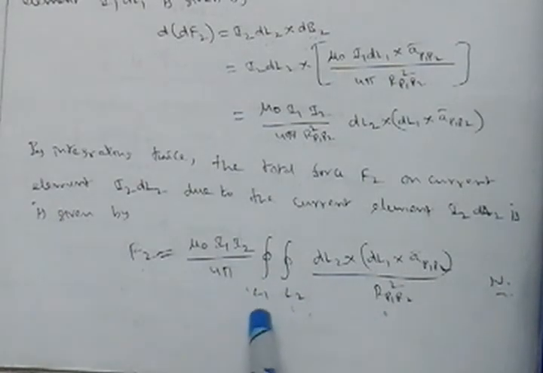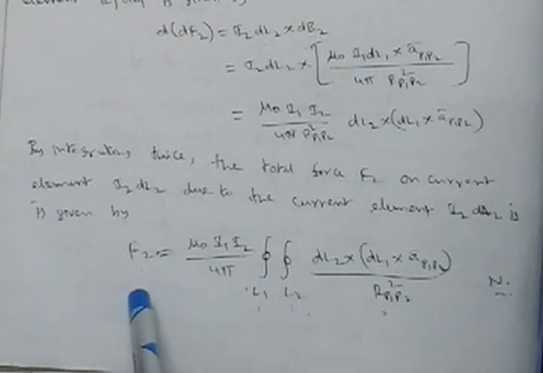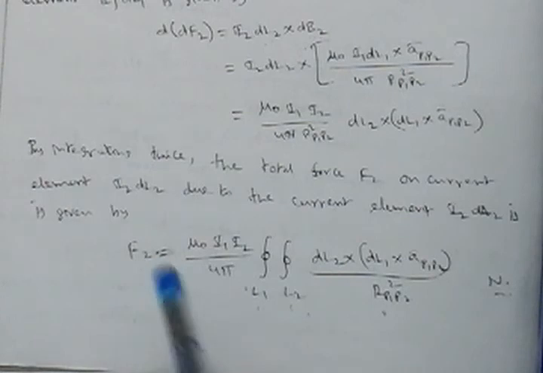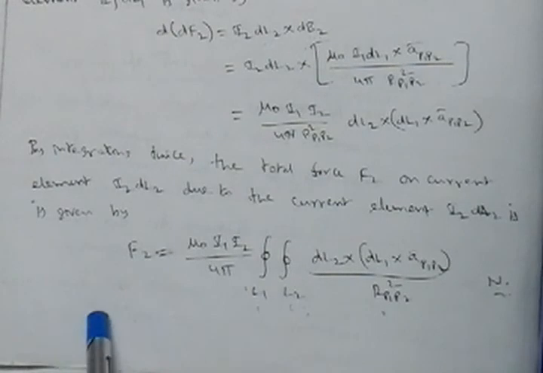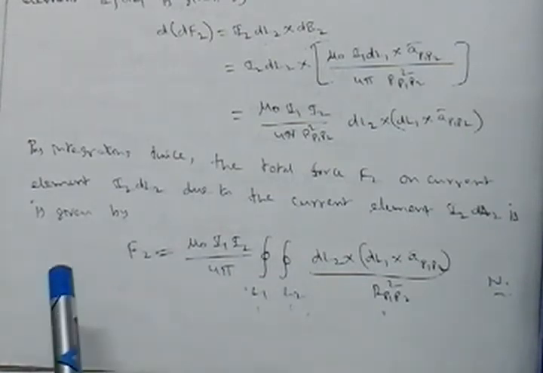The first integration is with respect to conductor 1, the second is with respect to conductor 2. So double integration is considered to get the total force at point P2 due to the entire conductor 1. This is the mathematical equation for the force at point P2 due to the current carrying element I1 dl1.